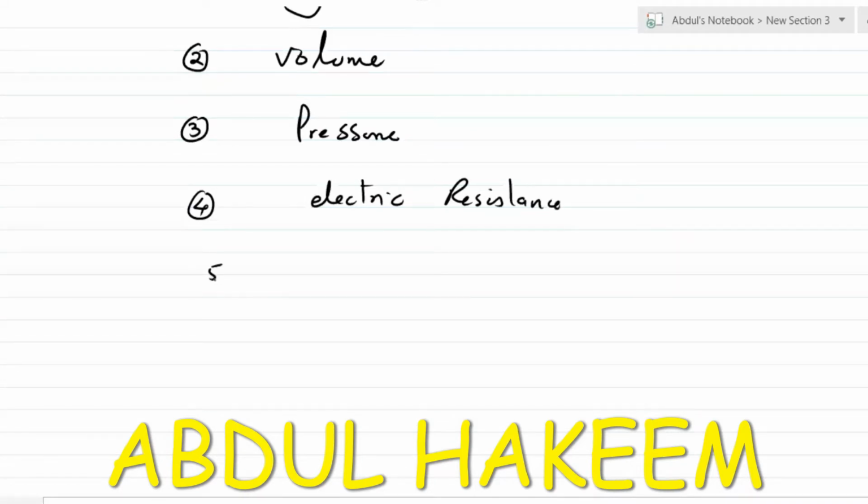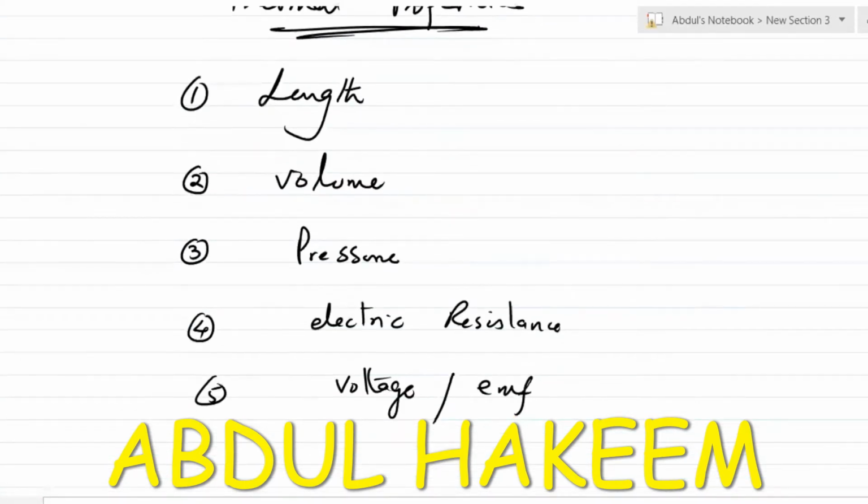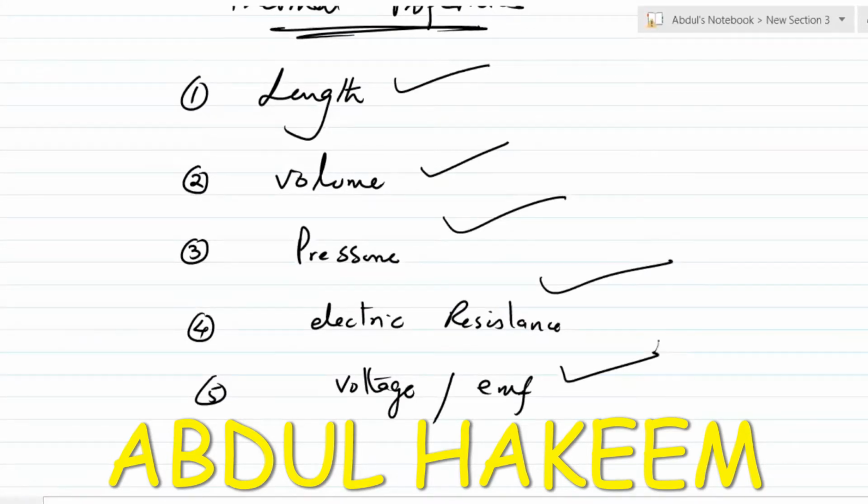And number five, voltage or the electromotive force EMF also changes with temperature. So these are the major thermal properties of the substance, mean the property which changes with temperature. Length, volume, pressure, electric resistance, and the EMF are called thermal properties.